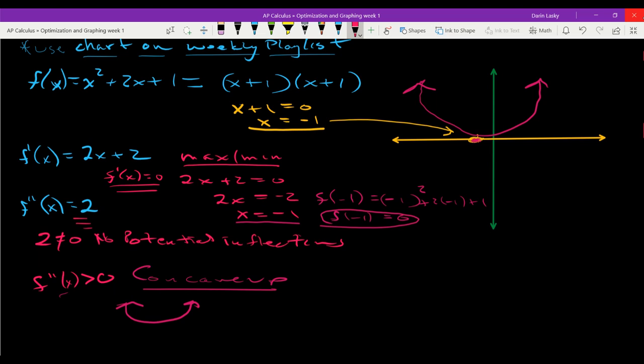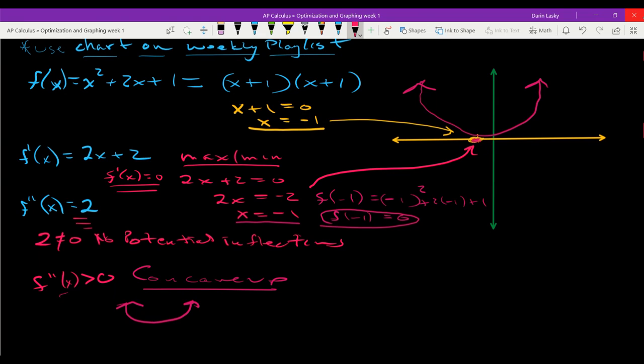And if I plug my x equals negative 1, so my main points of my f prime, if I plug them in, I can plot them. And so there's my max or min. What really tells us what's going on is the fact that since f double prime of x is greater than 0, it's concave up. So it's going to look like a cup. So then, therefore, my graph looks like this. And if you plug this into your calculator, your graph will look exactly like this.